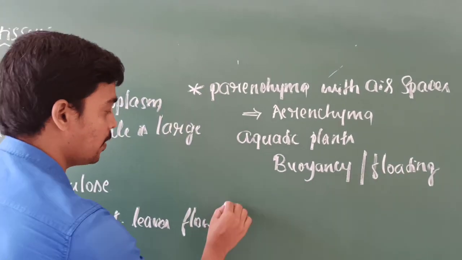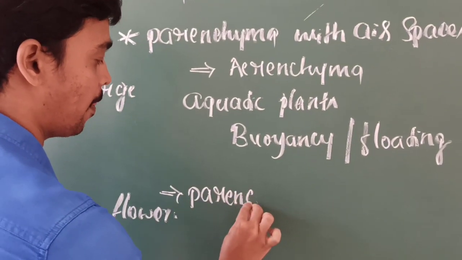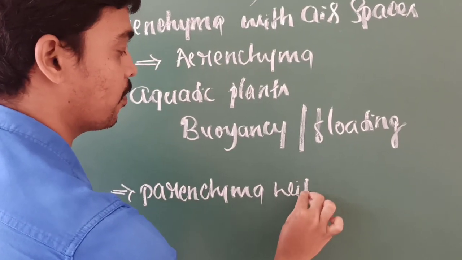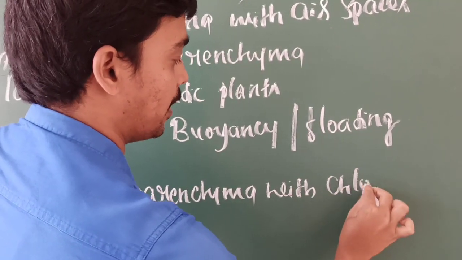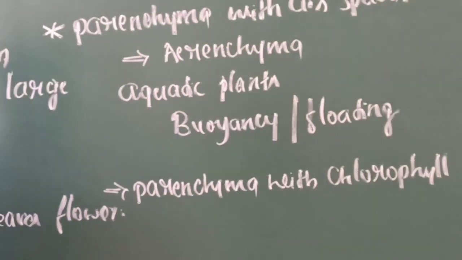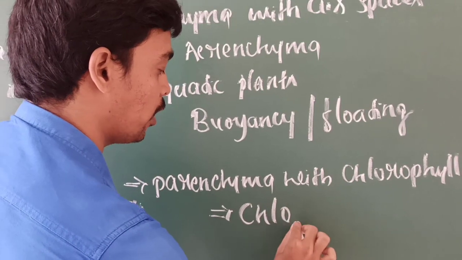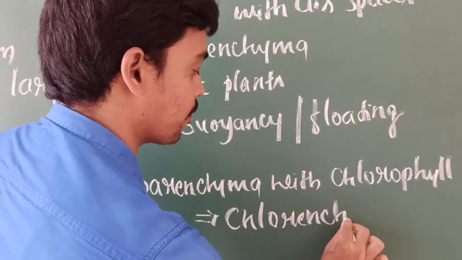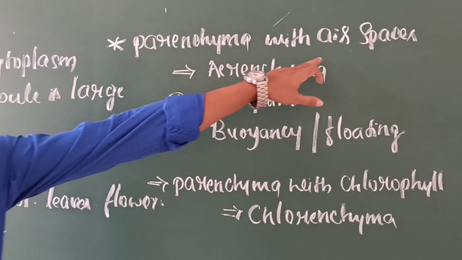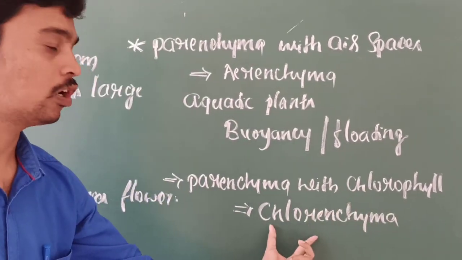And the next one is parenchyma with chlorophyll pigment, and it is called chlorenchyma. Parenchyma with air space is called aerenchyma. The parenchyma with chlorophyll pigment is called chlorenchyma.